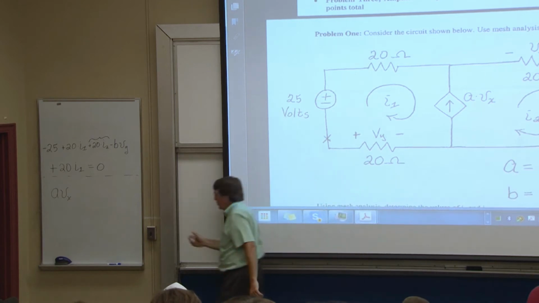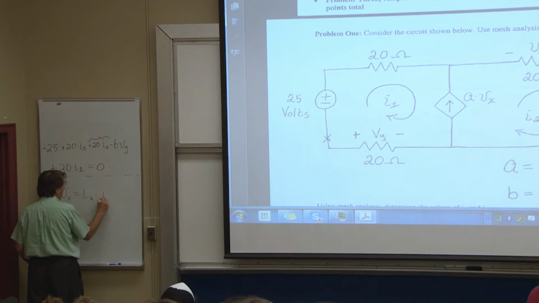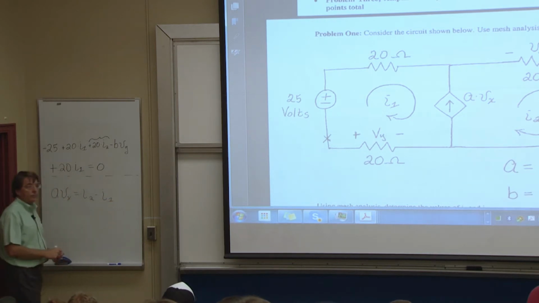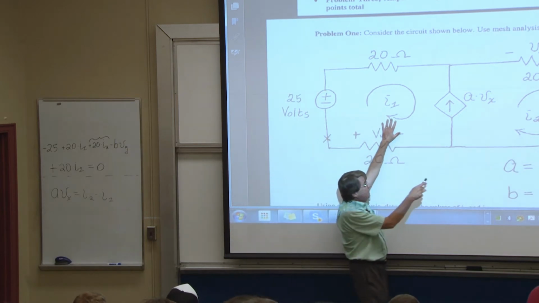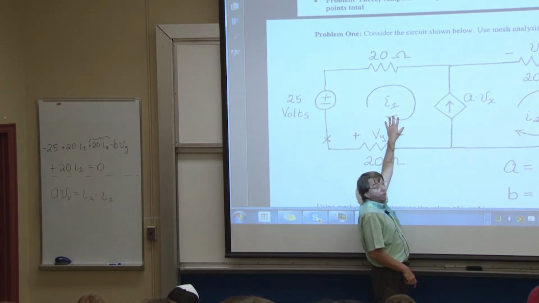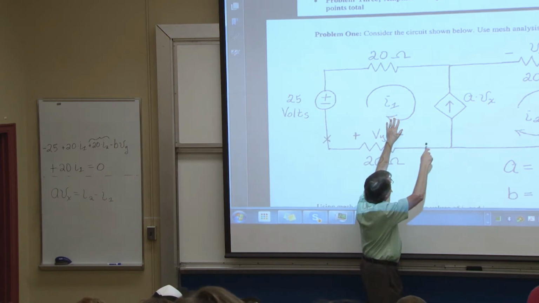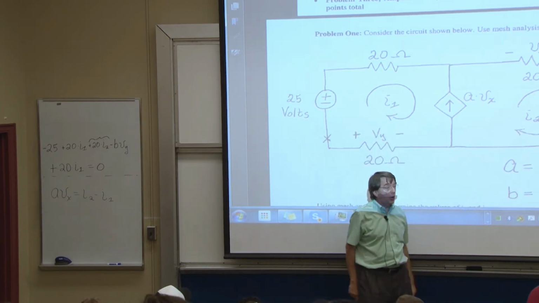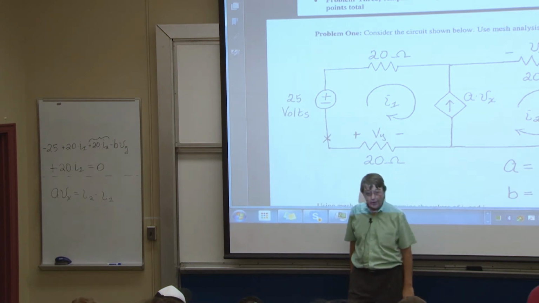And I think that's what you said, wasn't it? If I1 was 0, the source current would be I2. But I1 is not 0. So the source current is I2 minus I1, going in the opposite direction. Mr. Milan, did I get it? All right, good.